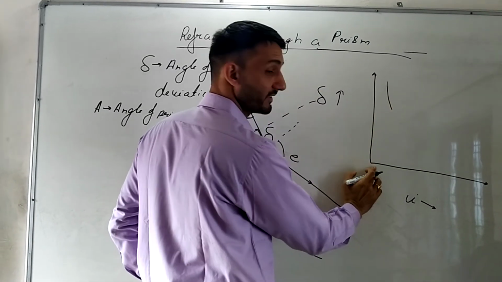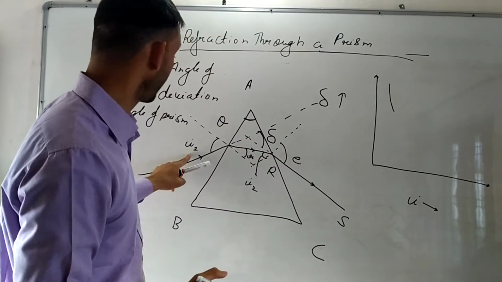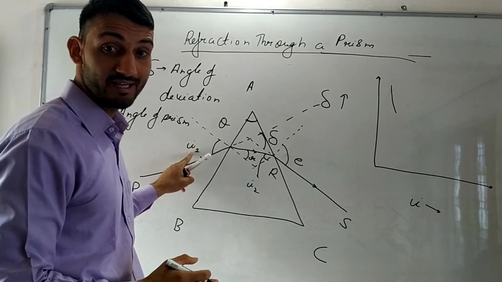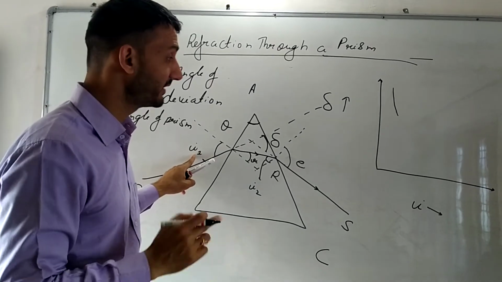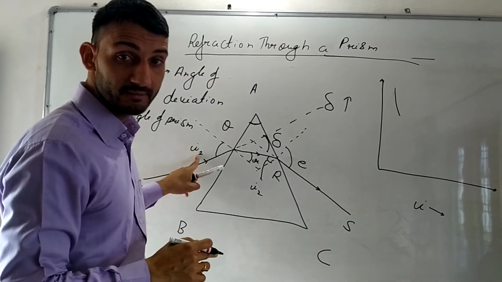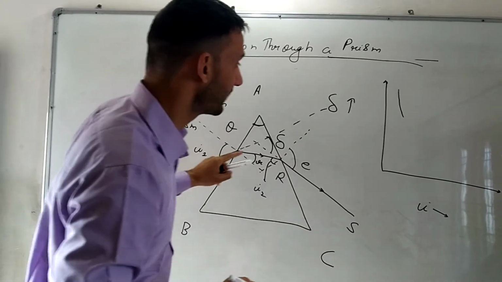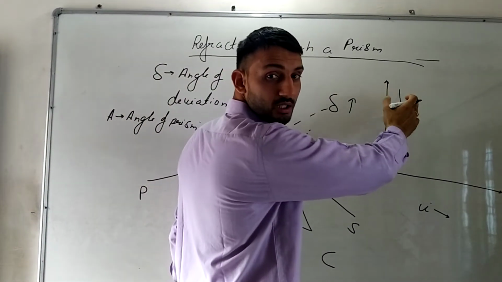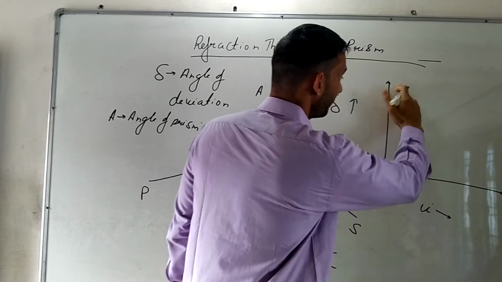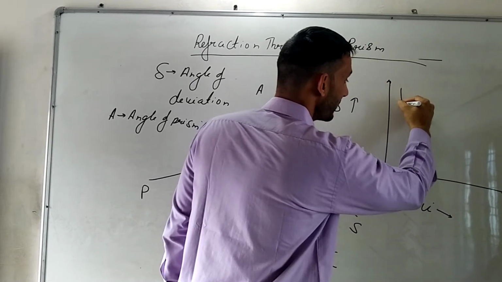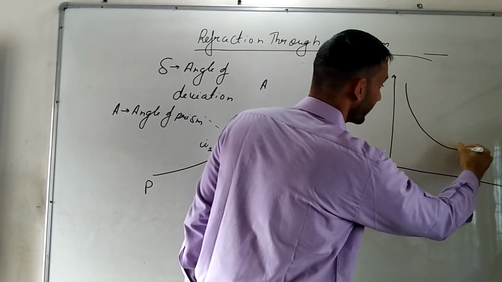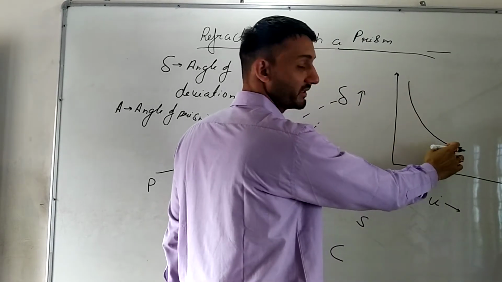So when we start with an angle of incidence of 30 degrees, the angle of deviation will be more. As you increase the angle of incidence, the angle of deviation decreases up to a certain point.